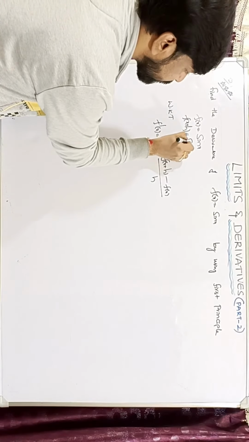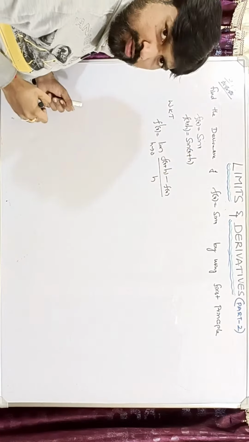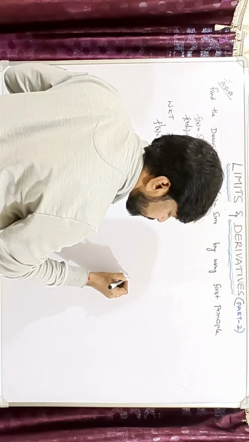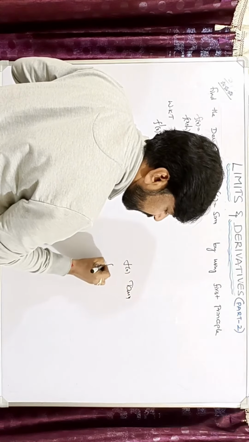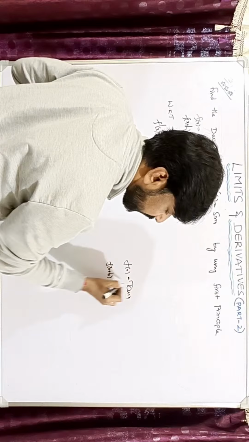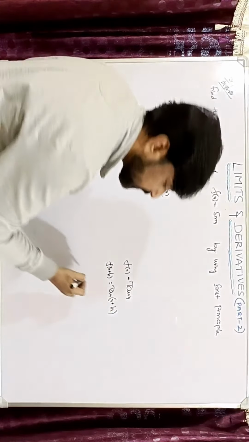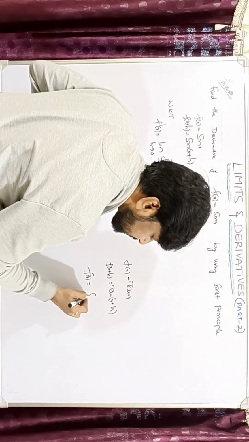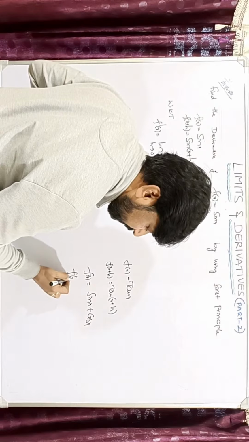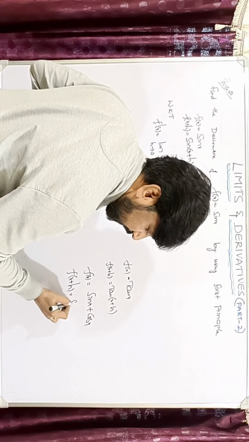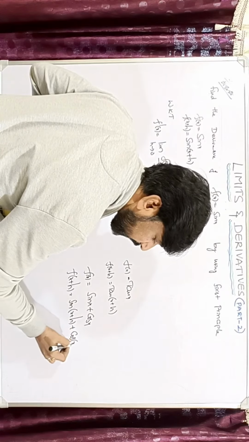Now sin x is there, so you can write sin of x plus h. Understanding? For example, if your question has tan x as f of x, then f of x plus h is very simple: tan of x plus h, that's all. For example, if f of x is sin x plus cos x, then f of x plus h is sin of x plus h plus cos of x plus h.